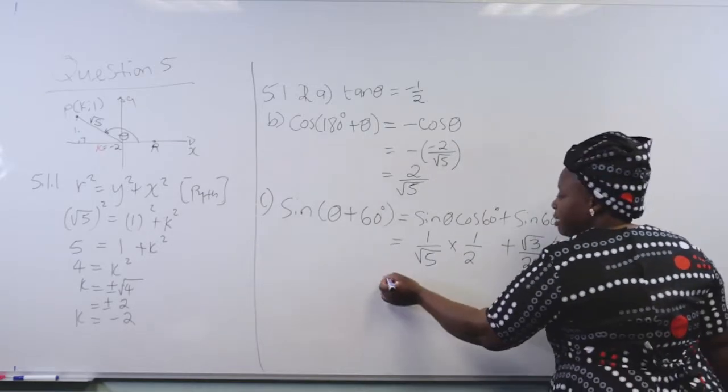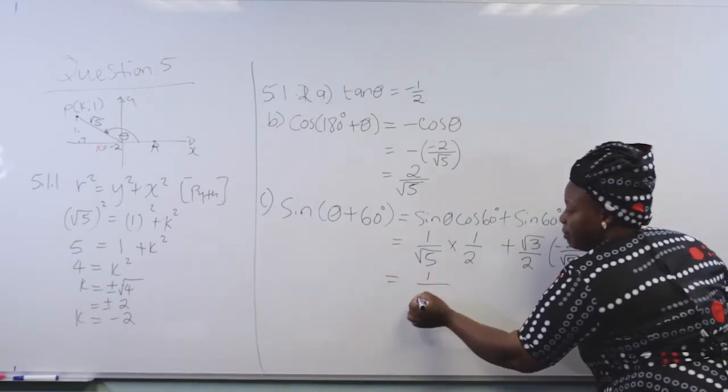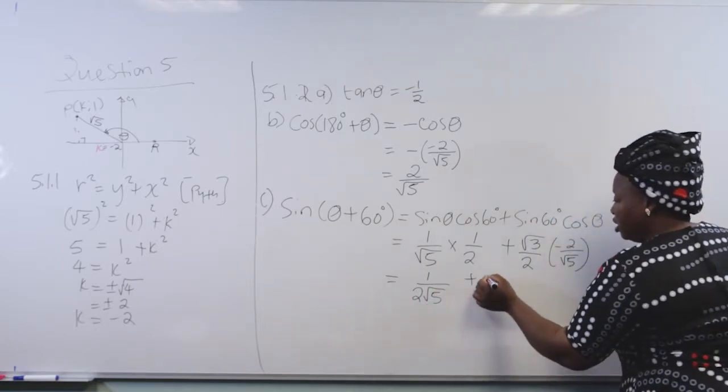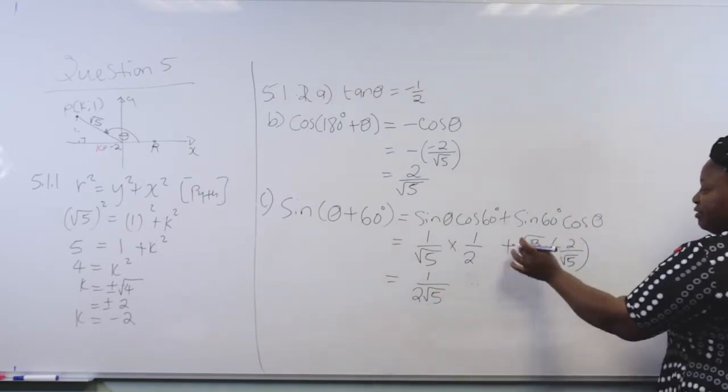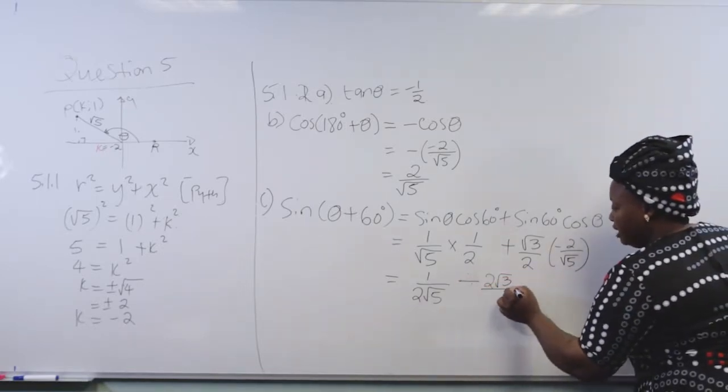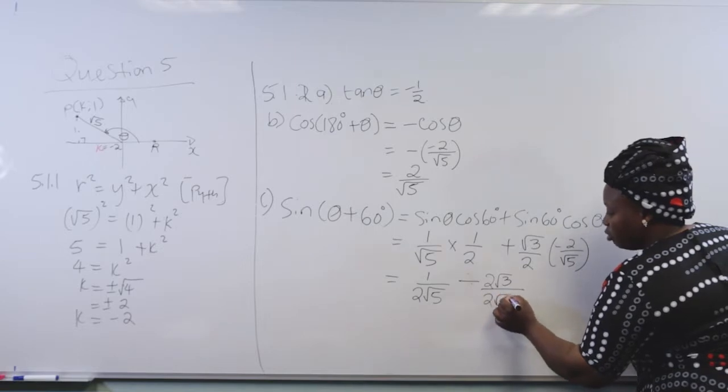Okay, folks, let's multiply this out. We'll have 1 divided by 2 times the square root of 5, plus negative times positive, which gives us -2 times root 3 divided by 2 times root 5.